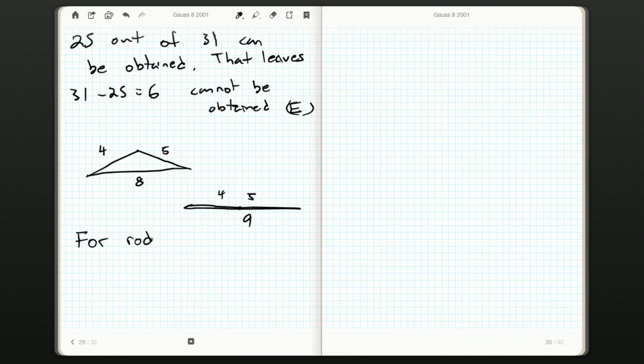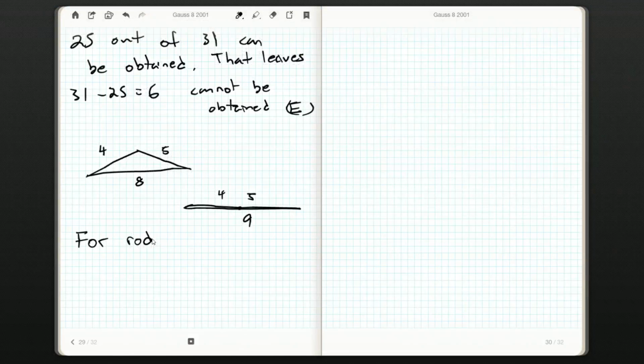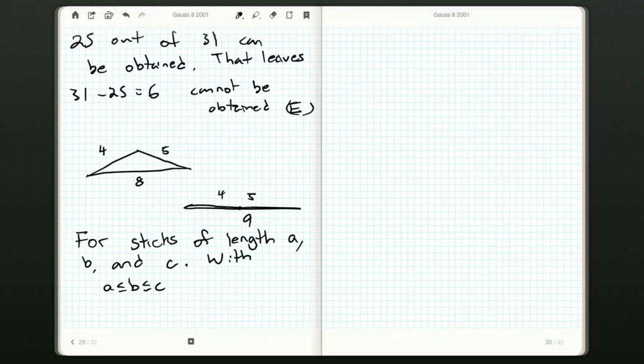Are they rods or are they sticks? I can't remember. He has 8 sticks, so let's talk about sticks. So for sticks of length A, B, and C, suppose we know that A is less than or equal to B is less than or equal to C. So we're just saying if there is a longest, it's going to be C. If there is a shortest, it's going to be A. That's all we're saying.